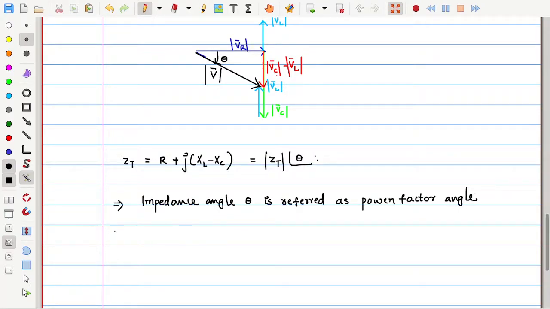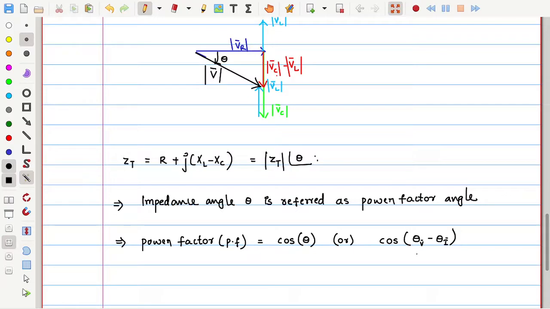And generally we come across this term, power factor. So let me define the power factor also here. The power factor is usually represented as PF, which is the cos of this impedance angle, or in simple form we can also write cos of the angle of the voltage minus the angle of the current.